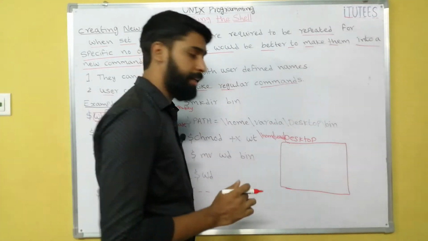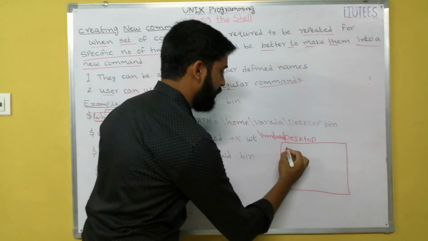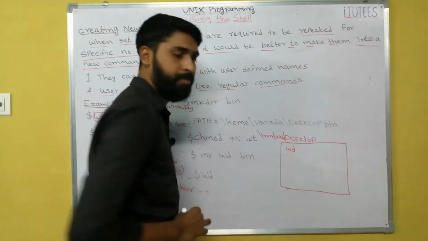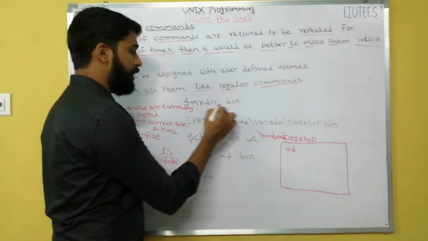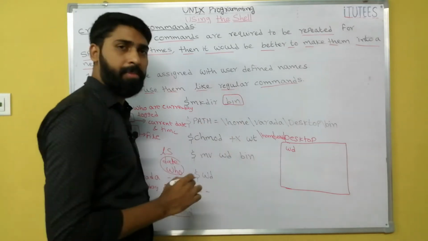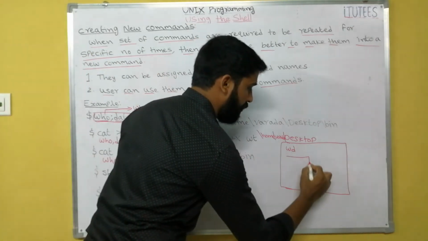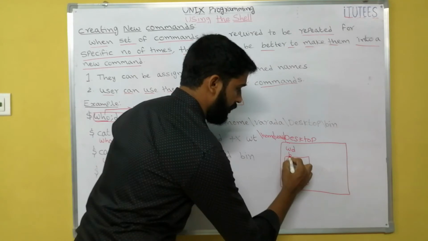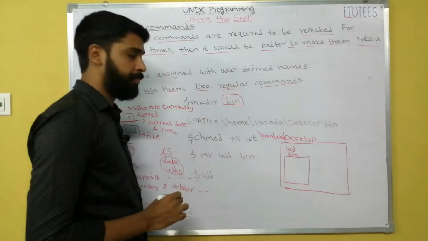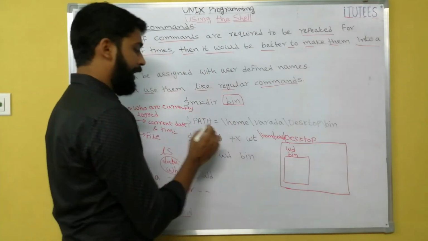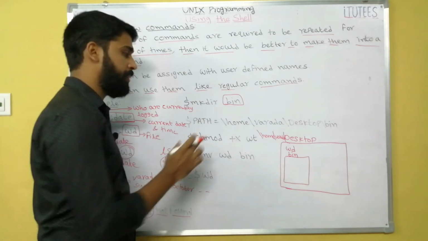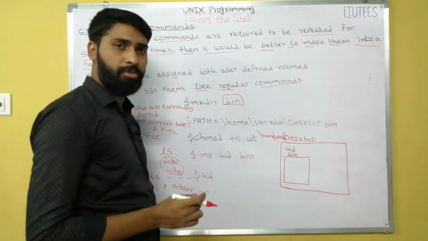In this I created a file. The file name is wd. In the same directory I am going to create one directory named bin. That means here one folder is created, and the folder name is bin. After that I set the path, that means where we can store the executable files.